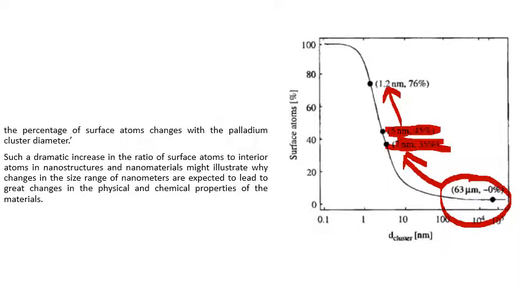If you move to about 1 nanometer, that is 76%. So from almost 0.9% to 76% rise in surface atoms. Reduction in size improves the surface atoms.